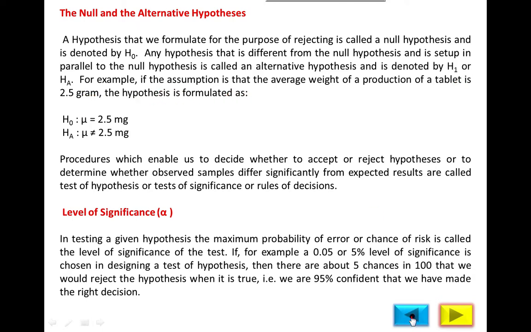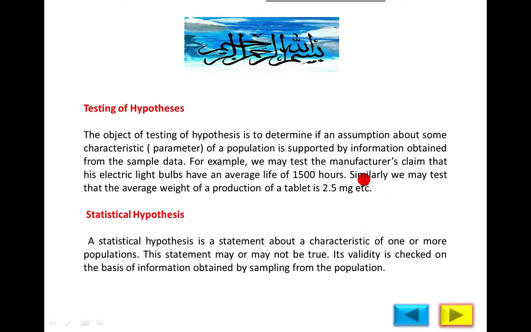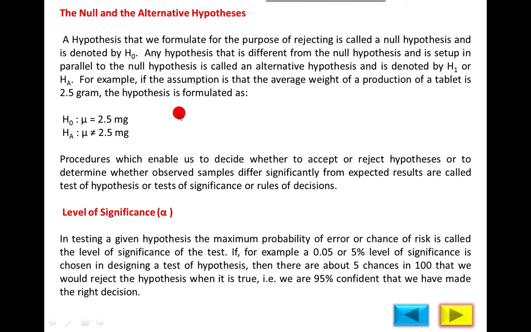Suppose, in the previous definition you read this example. So how do we write this statement? If the assumption, suppose hypothesis, hypothesis means assumption, supposition, in Urdu is called mafruza.